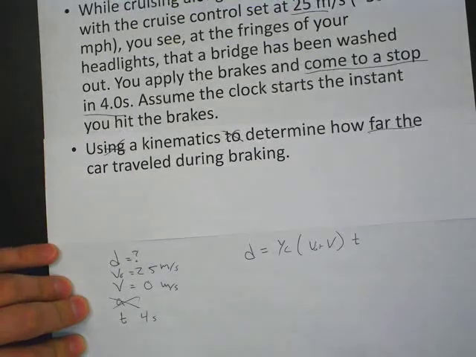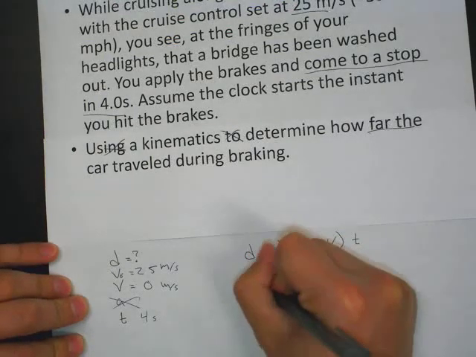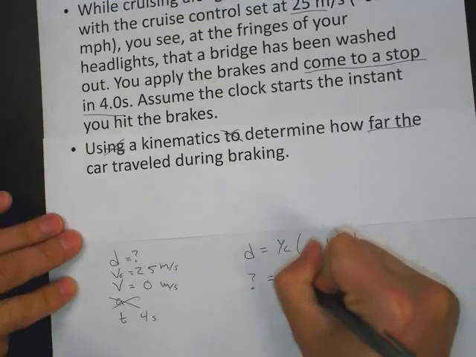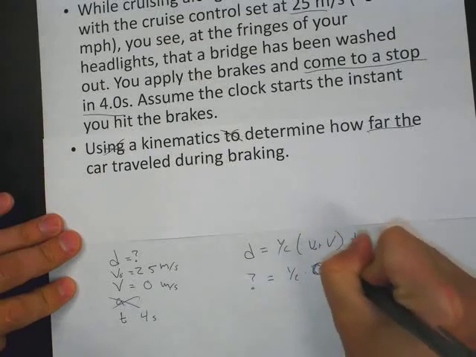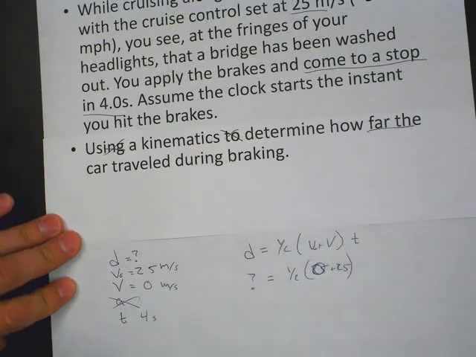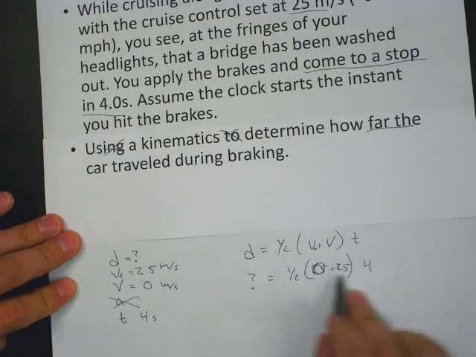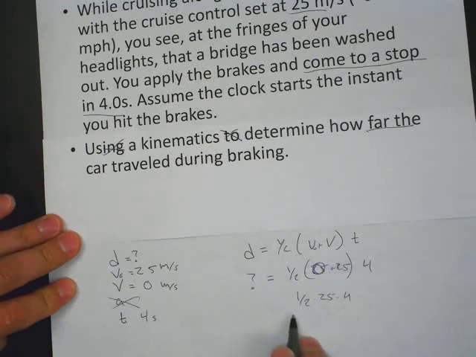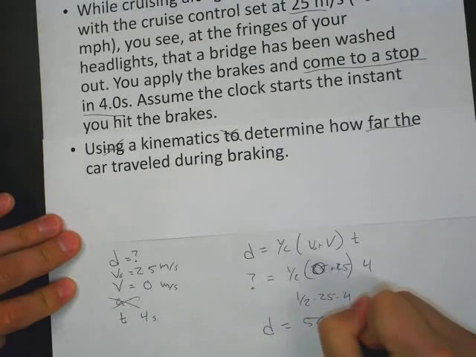So our displacement, still our question mark, equals 1/2 times (0 plus 25) times 4. The order you add them doesn't matter. 25 times 4 is 100, split in half is 50. So our displacement equals 50 meters.